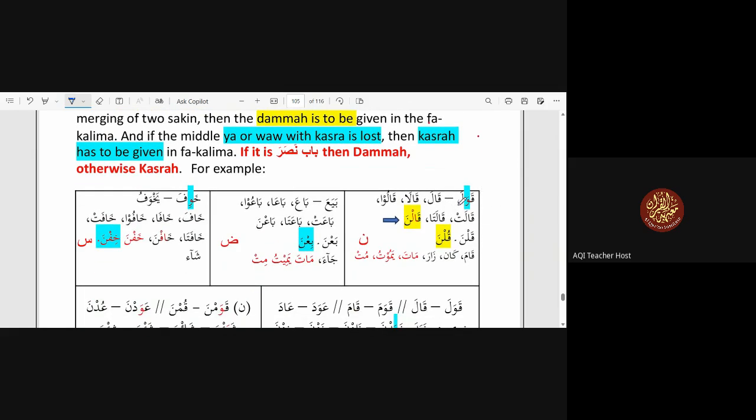According to this rule, as this is for hunna, we'll do the conjugation here. We know the root letter verb is qawala. Okay, so qawala, qala, qala, qalu, qalat, qalata, qalna. So this is the hunna. And we can see according to this rule the merging of 2 sakin.